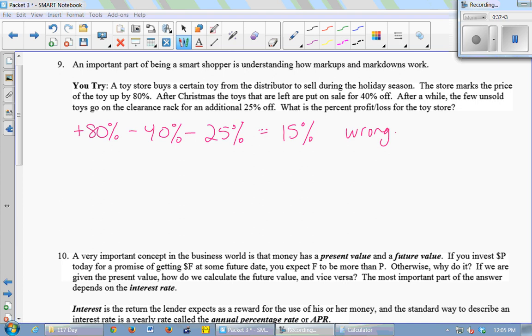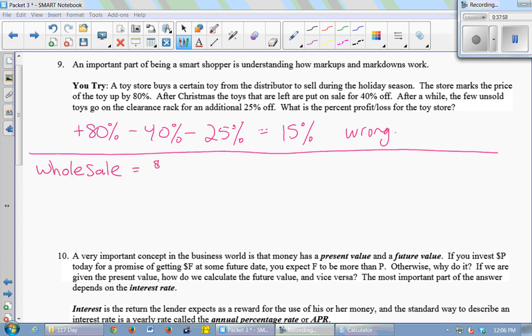So what I had most people do, I suggested, pick a price to start with. So an easy baseline is $100, right? So let's say that the wholesale price to the store is $100. Then I'm going to do all these percent changes and see how much they end up selling this $100 item for.